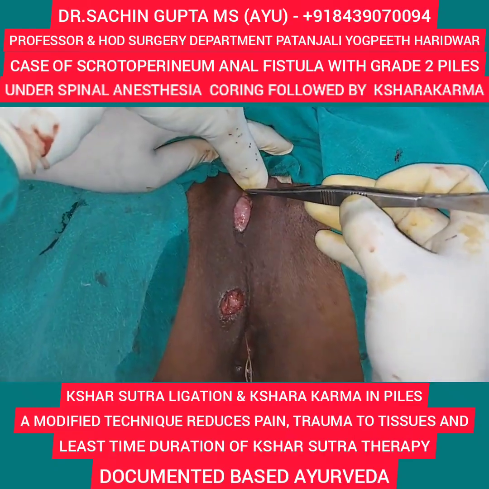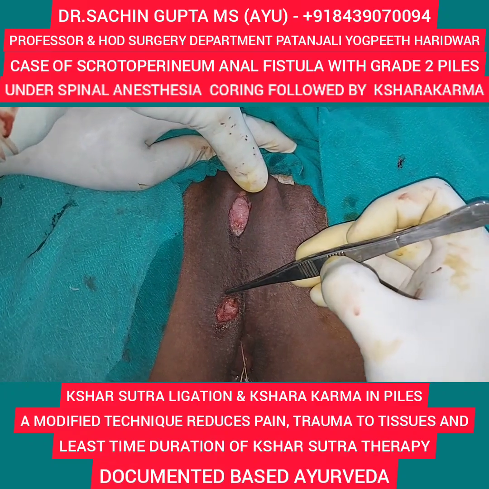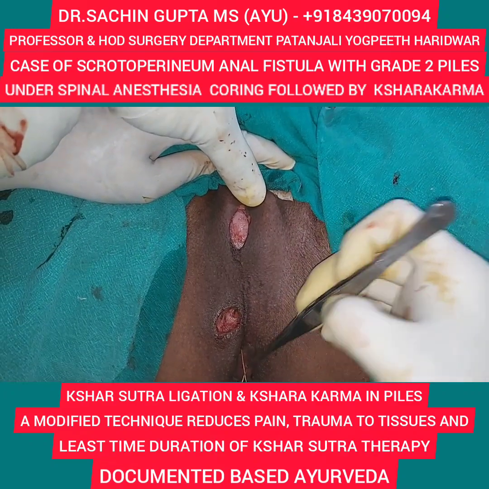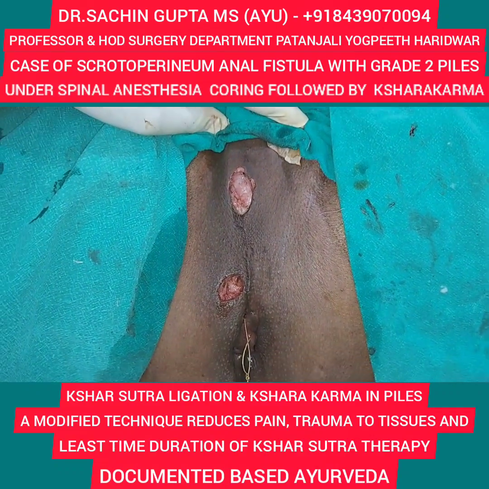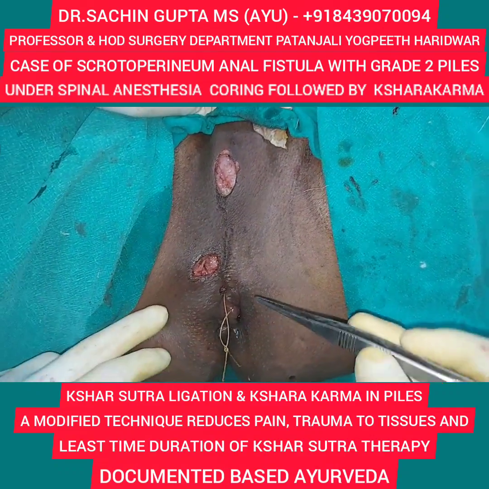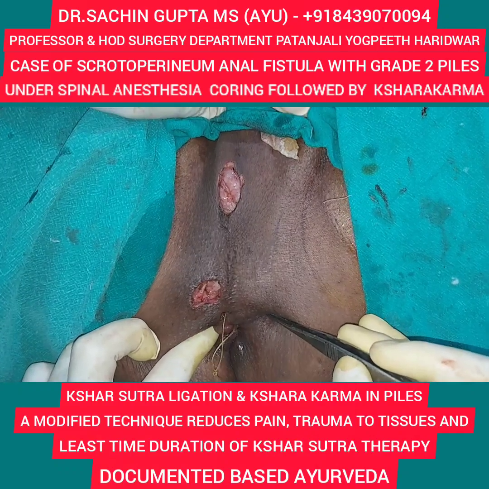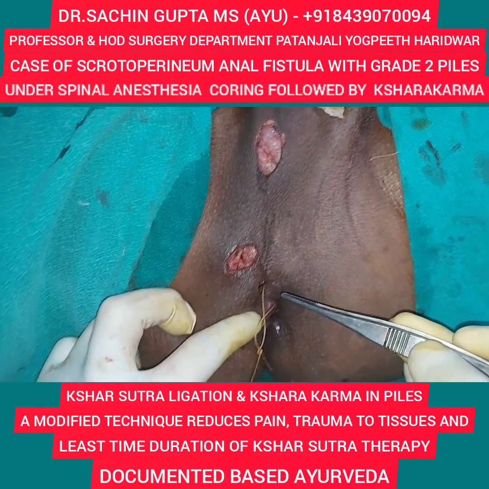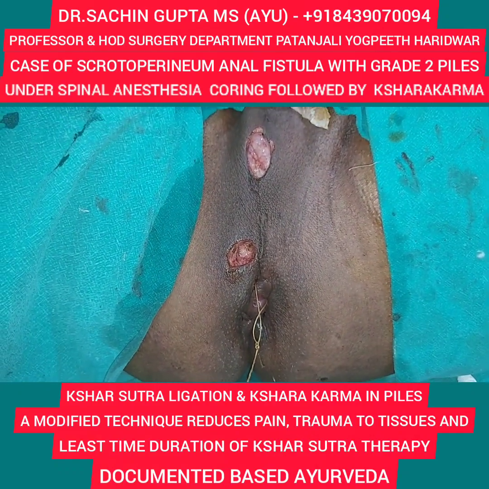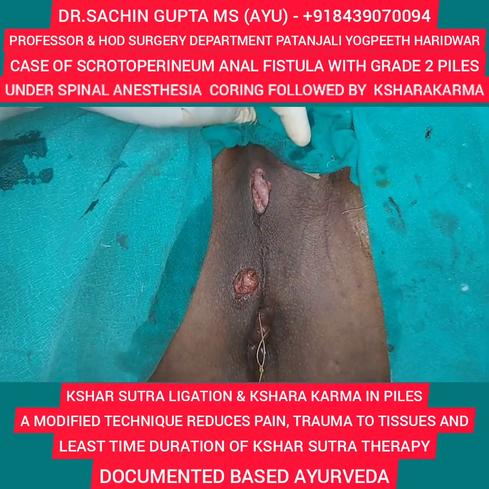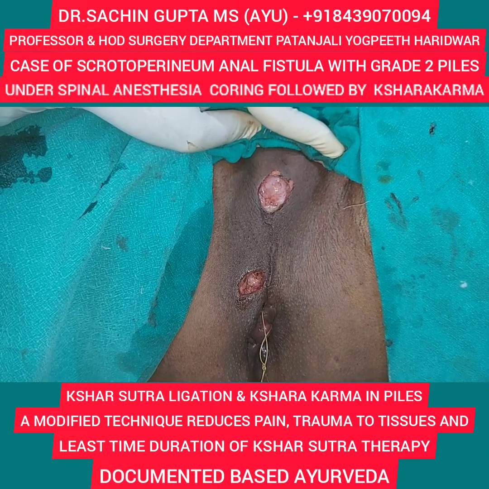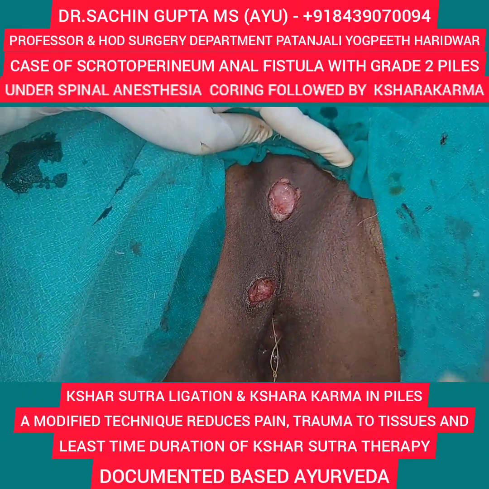If we put the thread from here to here, then from here to here, it will take almost 3 months for a patient to heal. So this way, I'll put this very small ceton inside. Definitely it will be healed within 1 month. So this will reduce the time period of the patient. It will also reduce the pain as well as injury to the tissues.